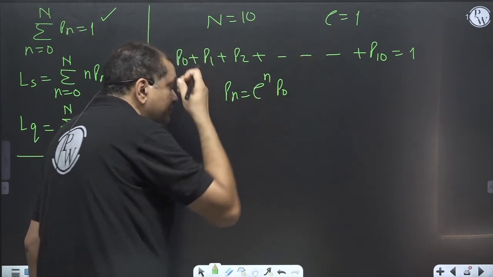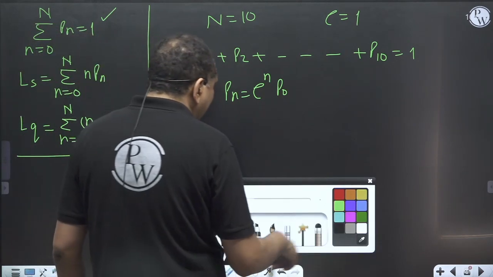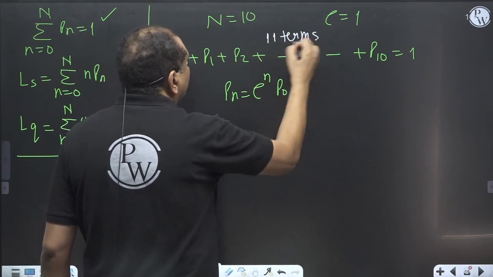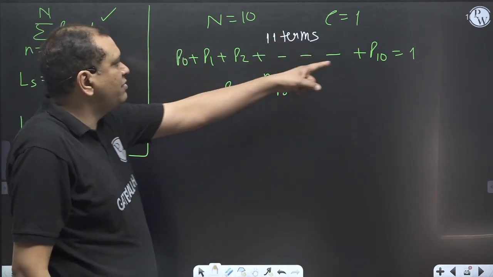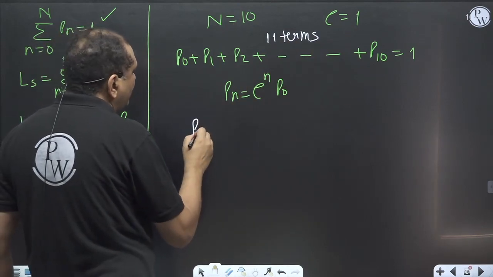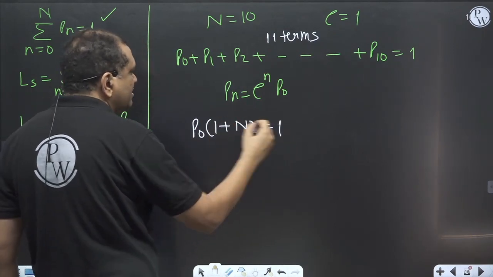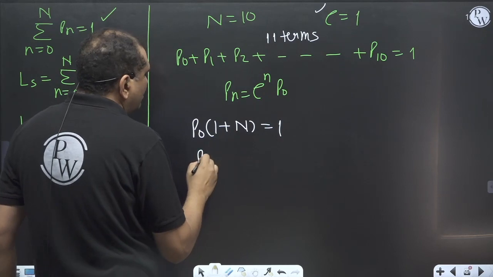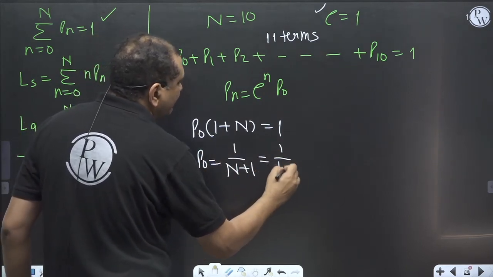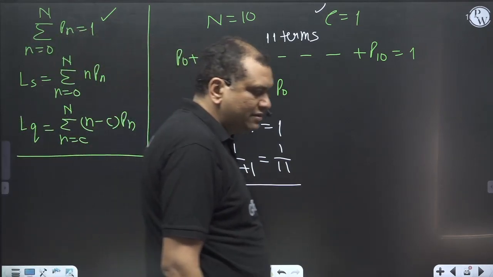Rho is equal to 1. So there will be total 11 terms, because n goes 0, 1, 2, 3, 4, up to 10. So P0 is 1 by (N plus 1), or 1 by 11. P0 is 1 by 11.